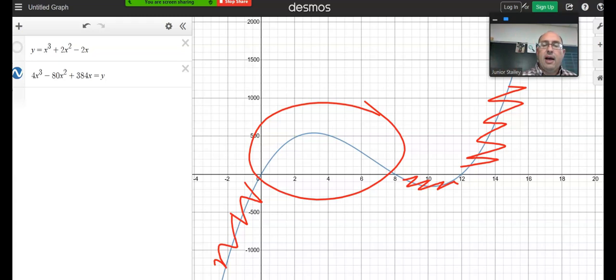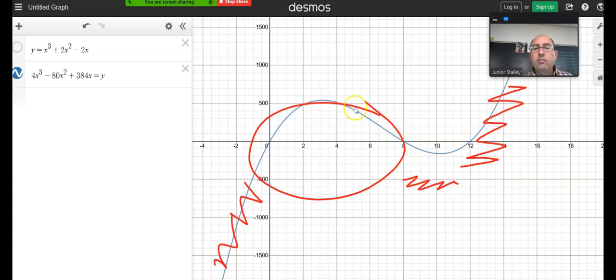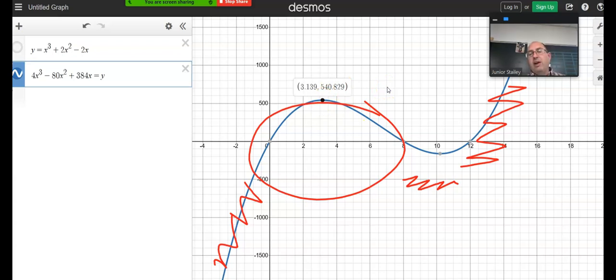So I would really like to know where that top point is. Yeah, there it is. So if we cut out 3.1, they wanted me to round to the tenths, 3.1 inches out of the corner, we will come up with 540.8 cubic inches.